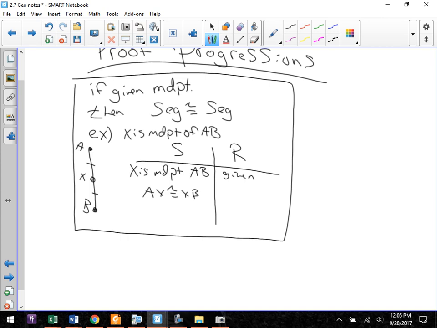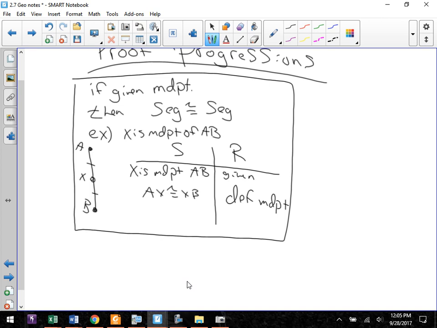Midpoint. It's just the definition of a midpoint. If you're given a midpoint, you're going to use the definition of a midpoint. If you're given an angle bisector, you're going to use the definition of an angle bisector. Yes, ma'am. I would write definition midpoint.